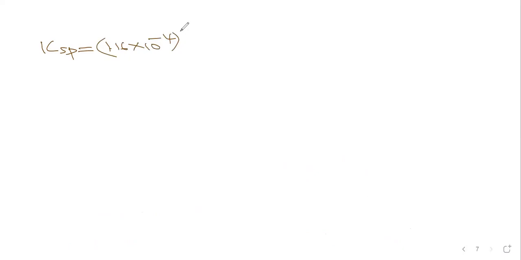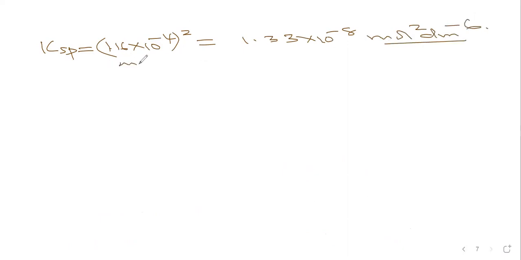So this is squared, giving me 1.33 times 10 to the power -8 moles squared per liter squared. Units are very important here. Remember, this is moles per liter being squared. So that's our answer for KSP with its units.